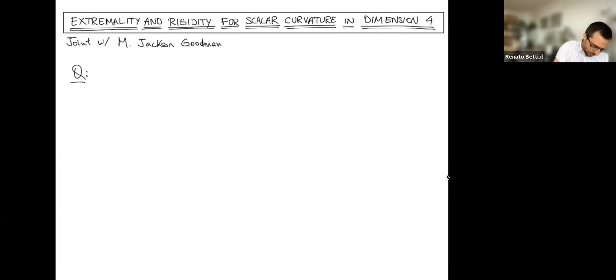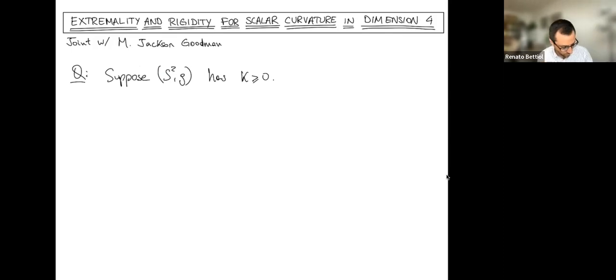Suppose we take a metric on the 2-sphere, just some metric with non-negative Gauss curvature, bigger or equal than 0. It doesn't have to be the round metric, anything.